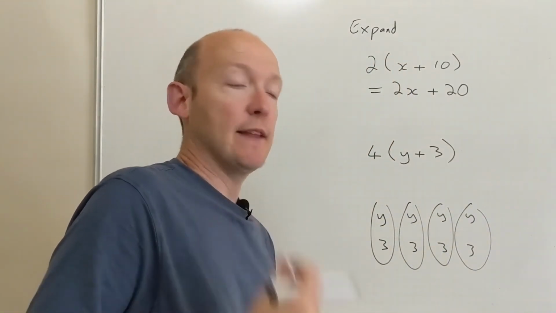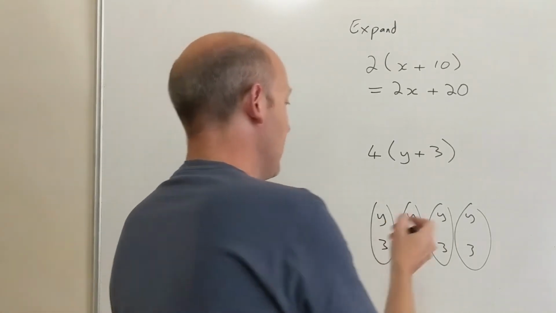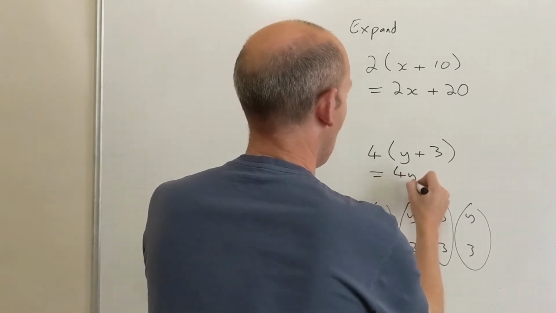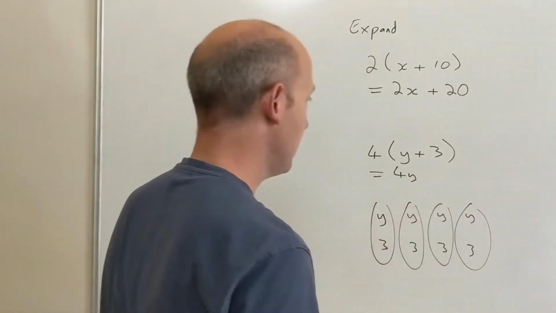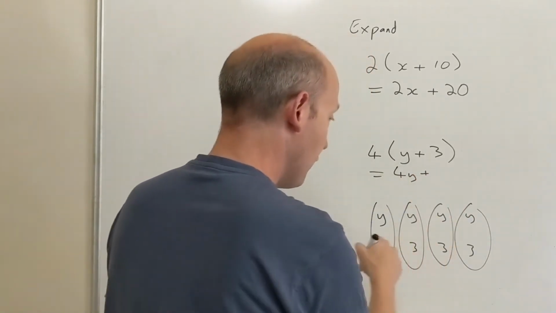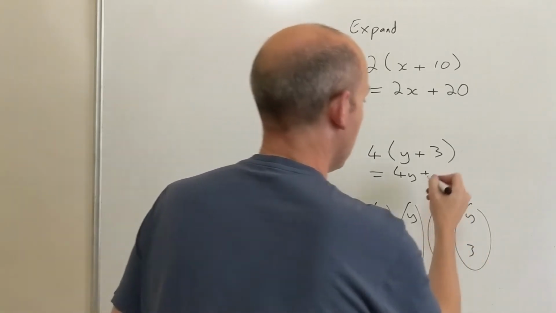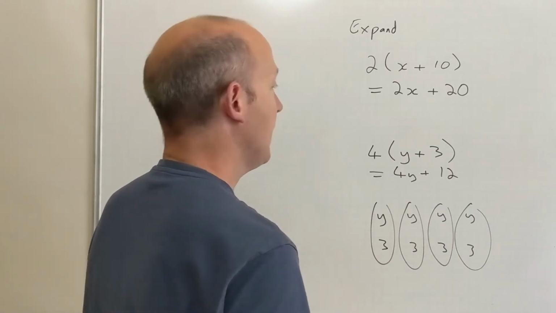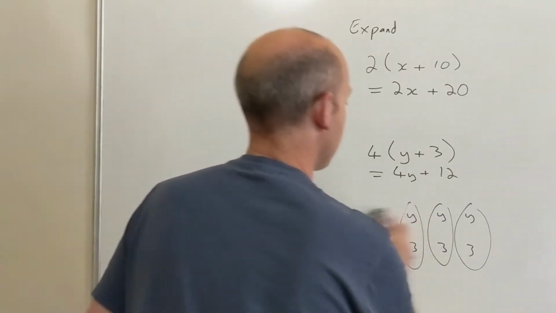What's another way of saying that? Well, if we now cut it this way instead, we could say I've got 4 y's, 1, 2, 3, 4, and I've also got 4 3's, 3, 6, 9, 12. So instead of saying 4(y plus 3), I could say I've got 4y plus 12.